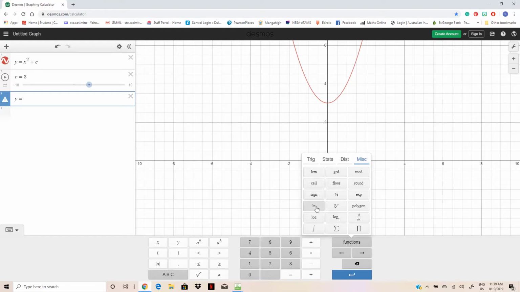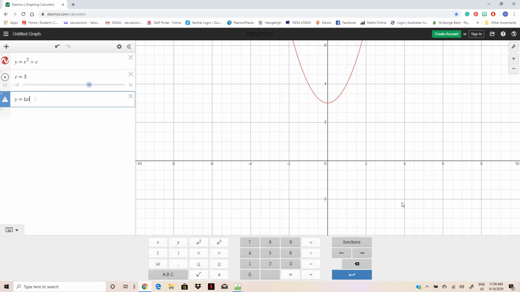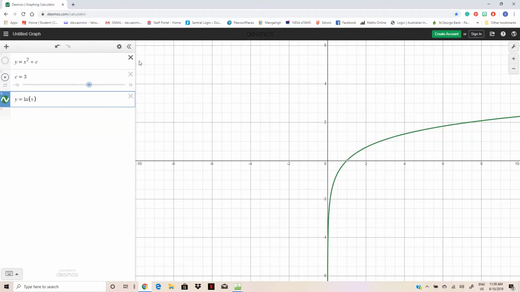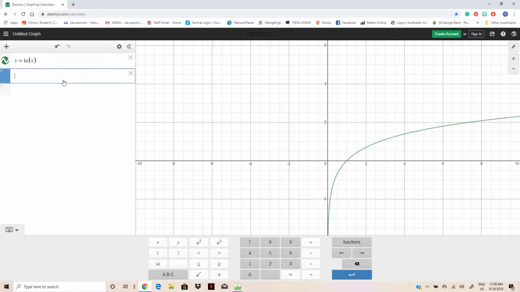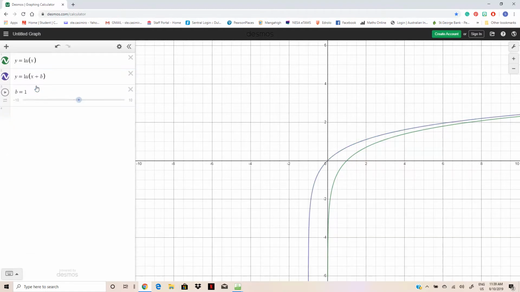We'll do a natural log. If we have y equals natural log of x, let's look at what occurs if we have y equals the natural log of x plus b, and b is going to be my slider, so the b value is going to change.